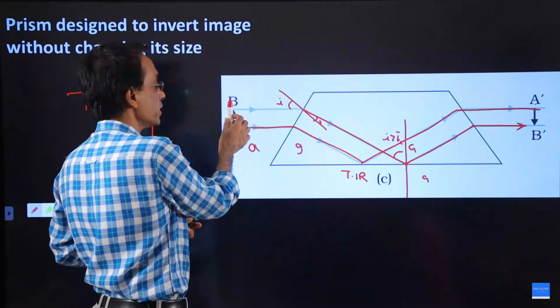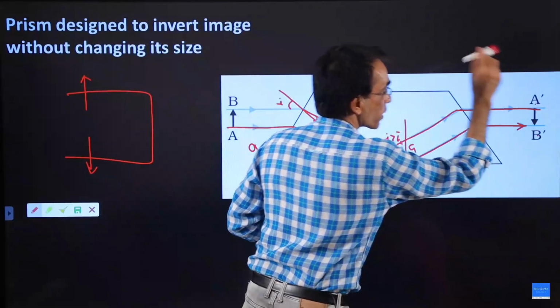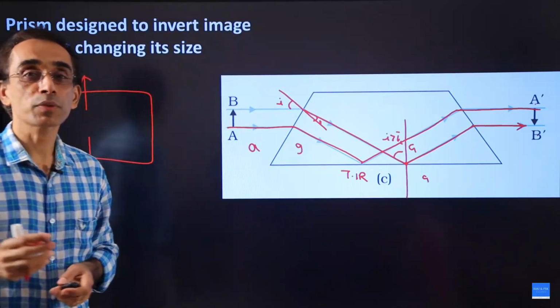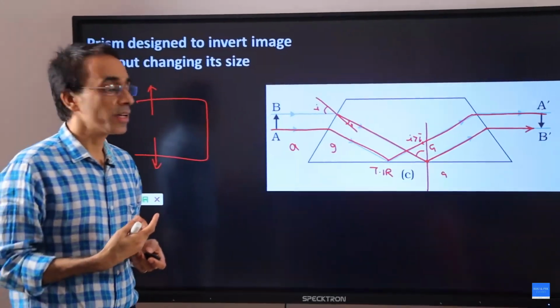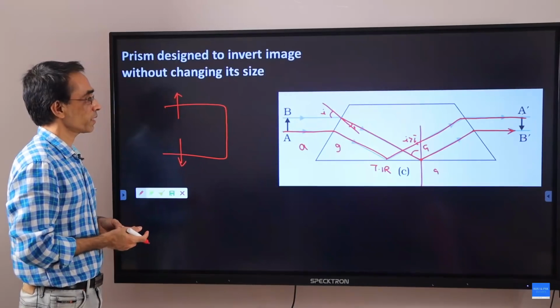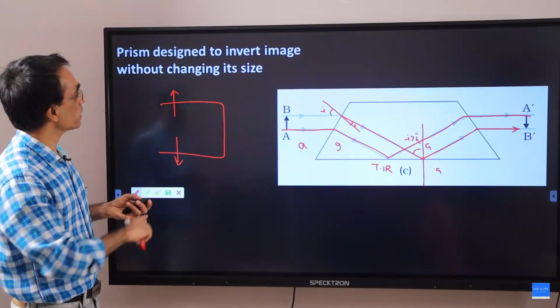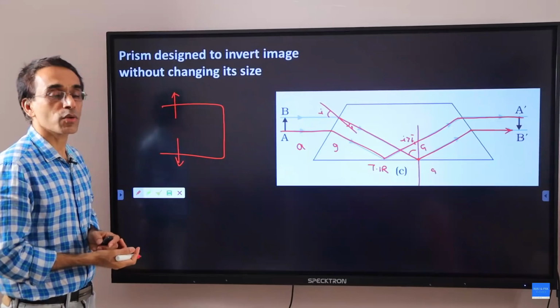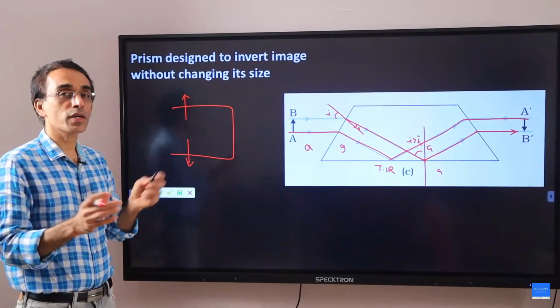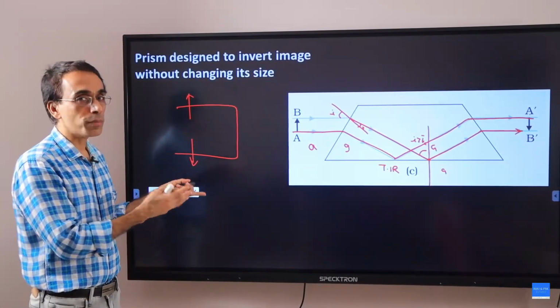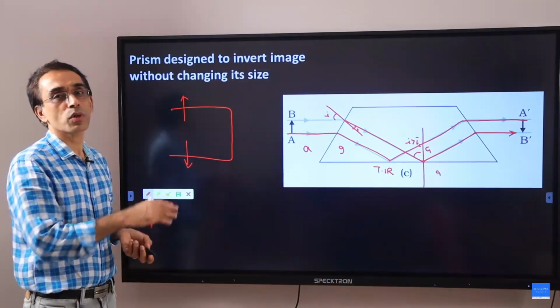The object was like this, but the image will be inverted out there. So these are the three types of totally internally reflecting prisms: 90 degree, 180 degree, and this is an inversion without deviation. All useful in different optical instruments like periscope, binoculars, telescopes, all those things.